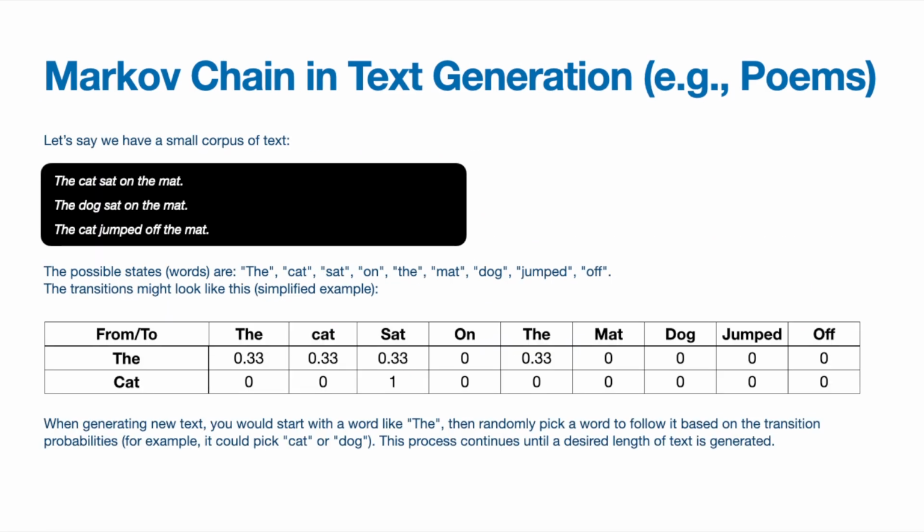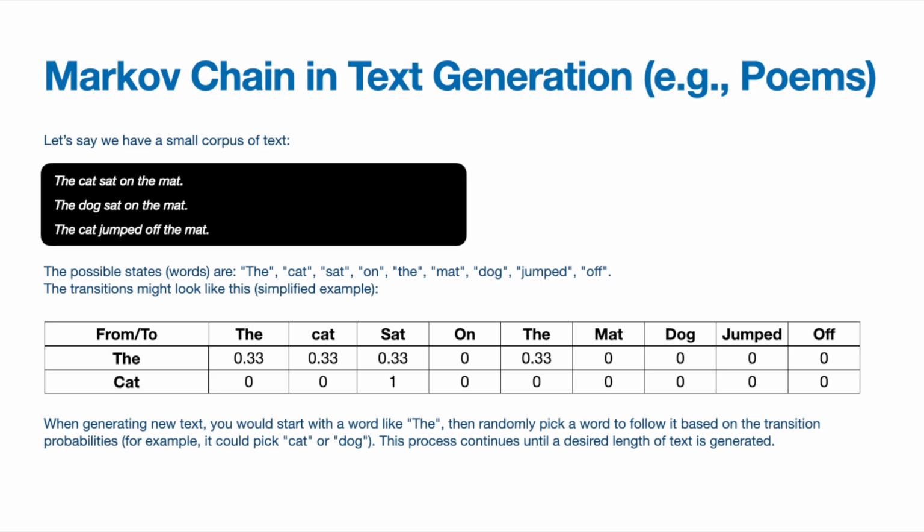Let's say you have a small corpus of text: the cat sat on the mat, the dog sat on the mat, the cat jumped off the mat. Here the possible states or words are the, cat, sat, on, mat, dog, jumped, off, right? Here the transitions might look like this.